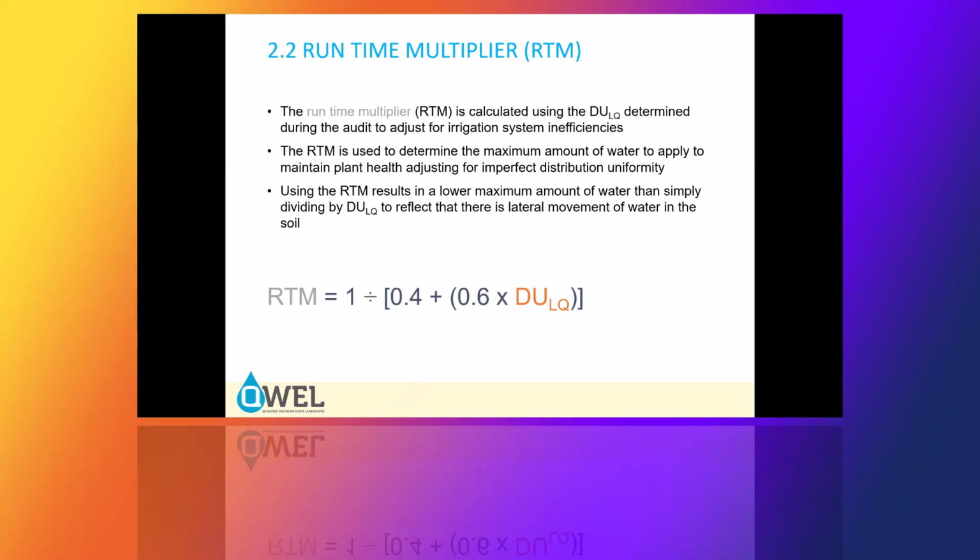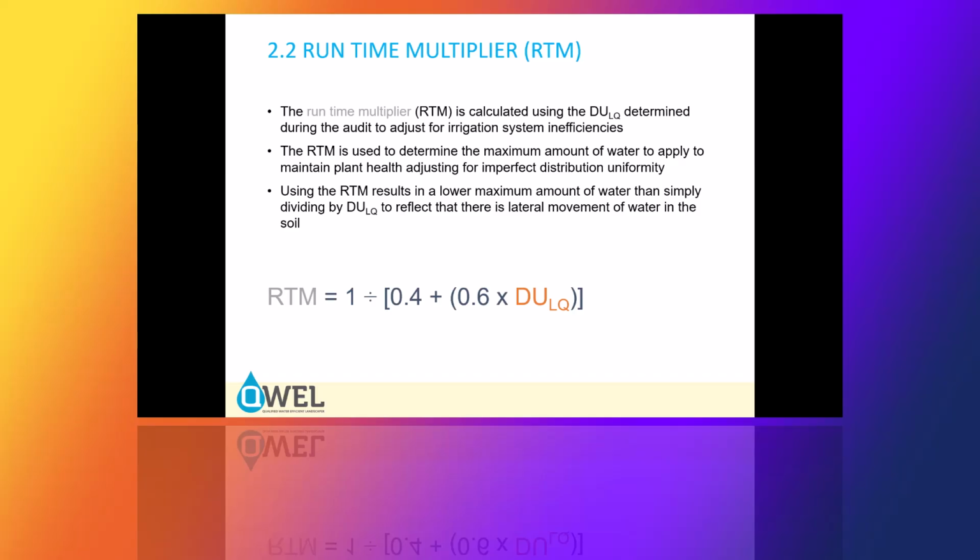As we talked about previously, we know that irrigation systems are not efficient. So because of that inefficiency, we need to add in a multiplier so that we can get the proper watering number. The runtime multiplier is used to determine the maximum amount of water to apply to a hydrozone to maintain plant health, given that the irrigation system does not deliver water in a perfectly uniform manner.